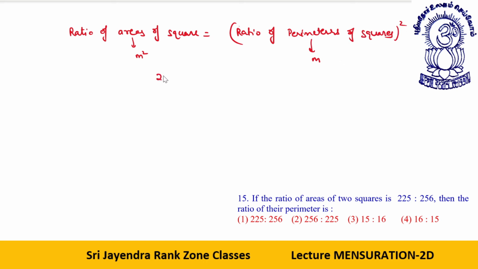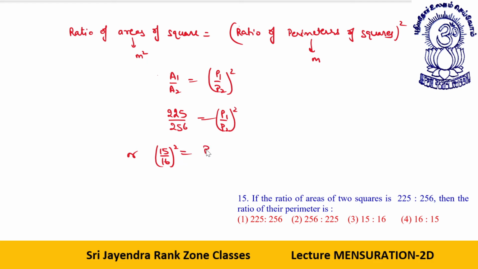So A1 upon A2 is equal to P1 upon P2 squared. This is 225 upon 256 is equal to P1 by P2 squared, or 15 by 16 squared is equal to P1 by P2 squared. This implies P1 by P2 is equal to 15 by 16. This is your answer. Okay, dear students.